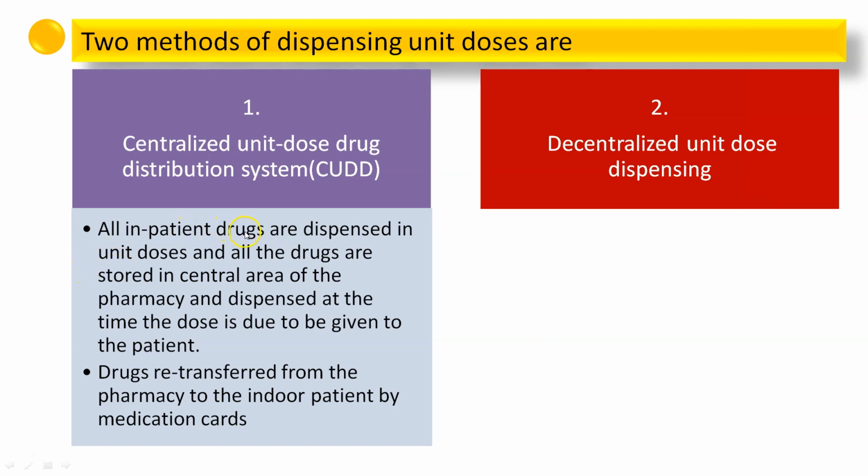All inpatient drugs are dispensed in unit doses, and all the drugs are stored in the central area of the pharmacy and dispensed at the time the dose is due to be given to the patient. How much dose is required, everything will be accounted for, prepared and dispensed in unit dose, stored in the central area of the pharmacy, and dispensed when required.